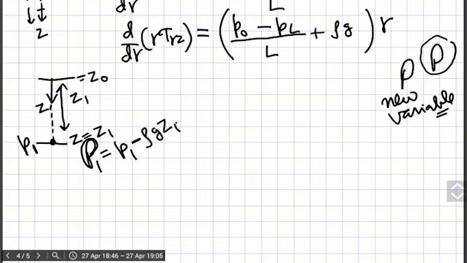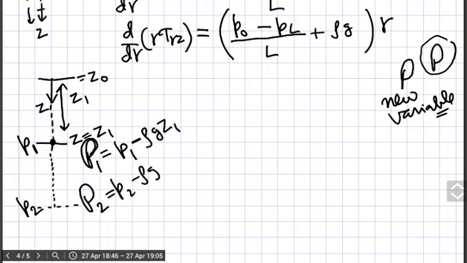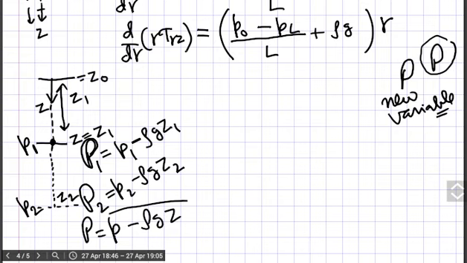This is the formula for the new variable. Don't call it pressure, but it takes account of both gravity and pressure. Similarly at depth z2, where the pressure is P2, the new variable is P2 minus rho g z2. So the formula becomes P minus rho g z, and we will use this to simplify further.